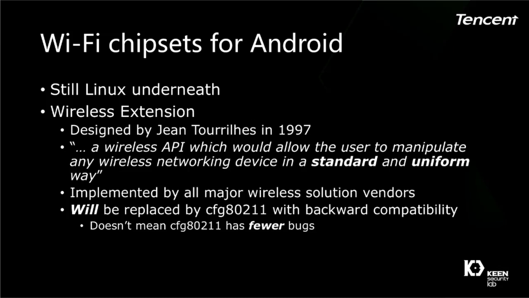It has been replaced by cfg80211, which is a little bit newer but still supplies backward compatibility. So if there's some issue in the implementation of the wireless extension, it can still potentially be attacked even if the device comes with the later wireless standard. And it doesn't mean that cfg80211 is more secure, because we are also seeing vulnerabilities discovered in the implementation of this API.